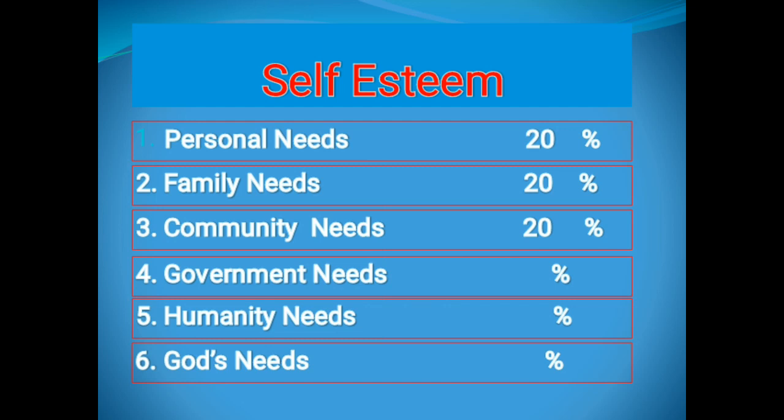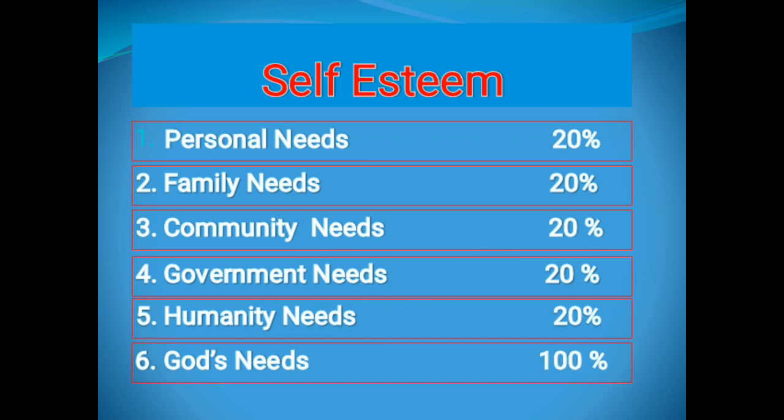I just realized why I'm giving 20 for each of these needs: 20 for personal need, 20 for family need, 20 for community need, and then, to be objective, 20 for government need, and another 20 for humanity need.